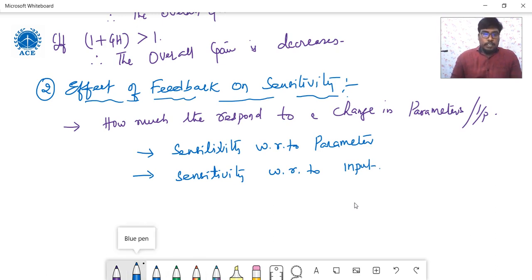So this is the control action we have, and this is the remaining part of the system.